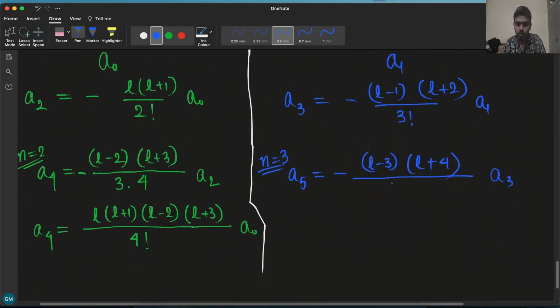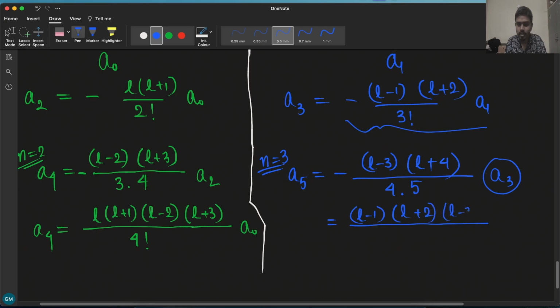If I write a3 from here, then this is minus minus plus, and it is L minus 1 times L plus 2 times L minus 3 times L plus 4.